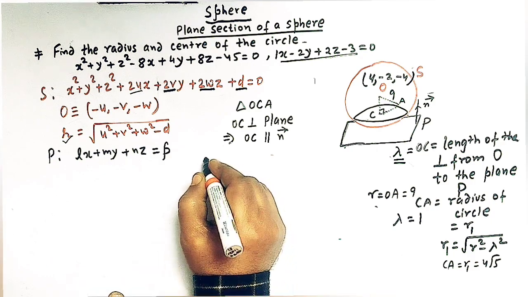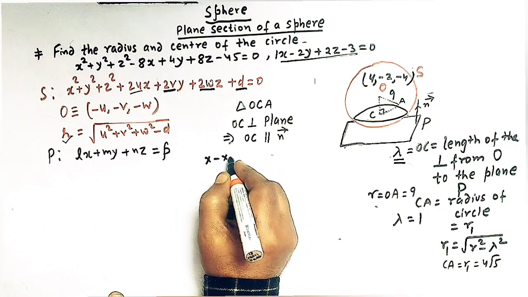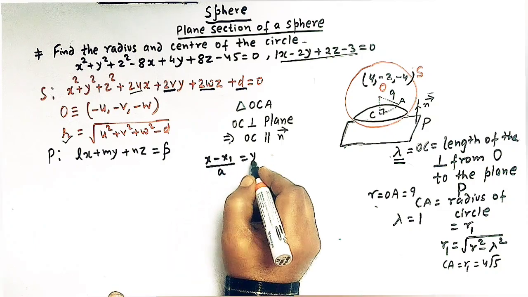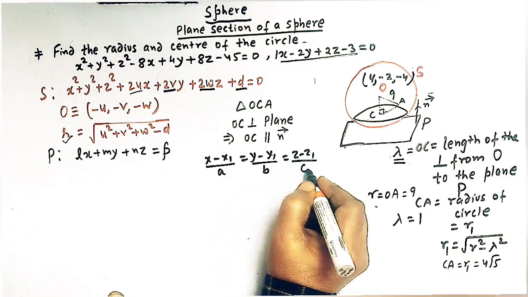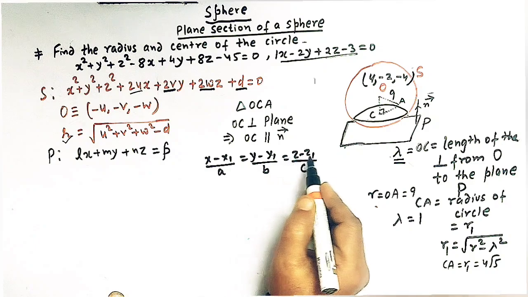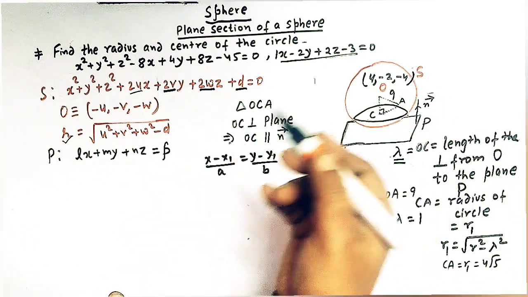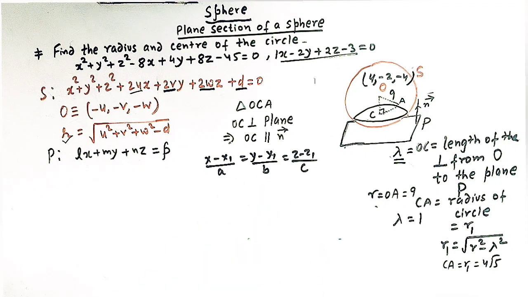And we know that the equation of a straight line is given by x minus x1 over a, y minus y1 over b, and z minus z1 over c, where x1, y1, z1 is the point lying on the line, that is the line is passing through some point, and a, b, c are the direction ratios of the line.